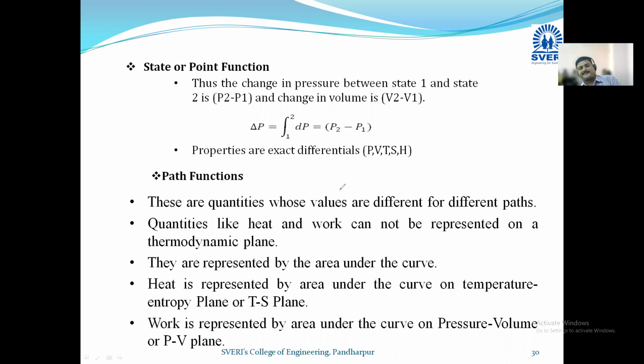And work is represented by area under the curve on pressure volume plane or pressure volume diagram. Okay, आणि ते कशा आहेत, काय आहेत, एरिया अंडर कर्व कशा पद्धतीने कन्सिडर करतात, we will see in the next diagram. Have you completed it? No. So you please write it down. This introductory part of the path function.